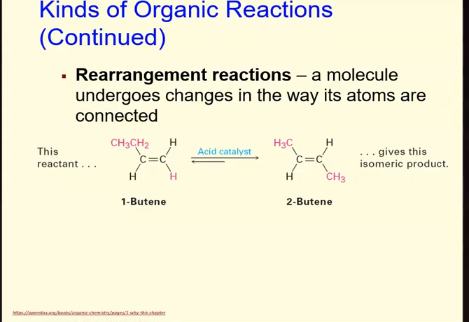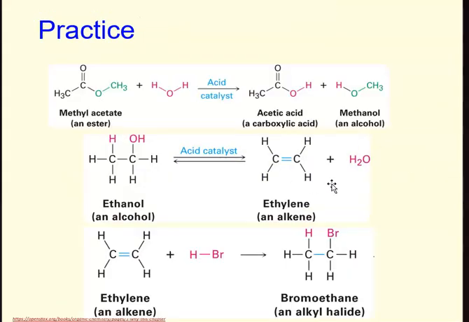We can look at a couple of examples of identifying different types of reactions. So the first one is showing a compound, methyl acetate, reacting with water in the presence of an acid catalyst to form products.